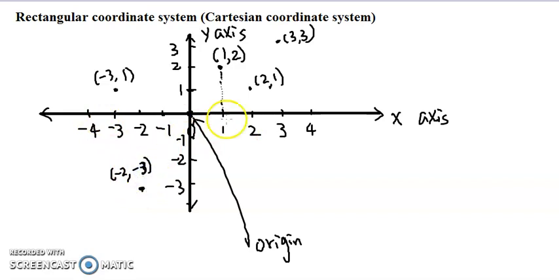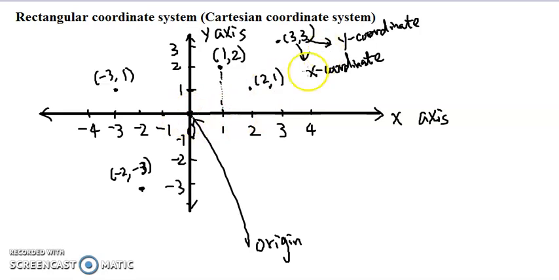We call the first number the x coordinate and the second number the y coordinate, which represent how far it is from the 0, and also the direction, in the horizontal and vertical distance.